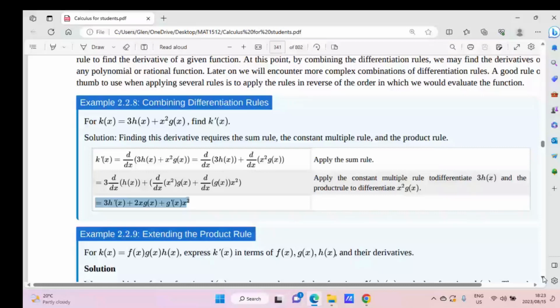And then I have open bracket g prime x close bracket plus gx, open bracket f prime x close bracket, and then open bracket h prime of x close bracket, and then a last close bracket.